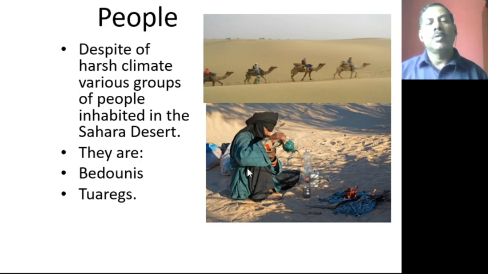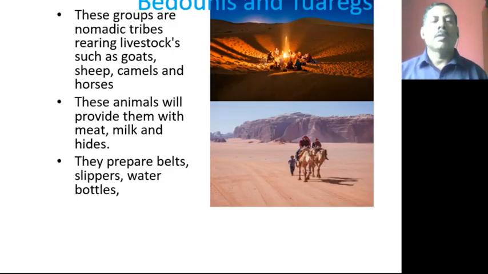Various tribal groups that you are going to see in the picture are moving on the camel from one place to another place. So these are all nomadic tribes. Nomadic tribes means people moving from one place to another. They are Bedouins and Tuaregs. They are adjusted to the climate and they are moving with their animals from one place to another place.